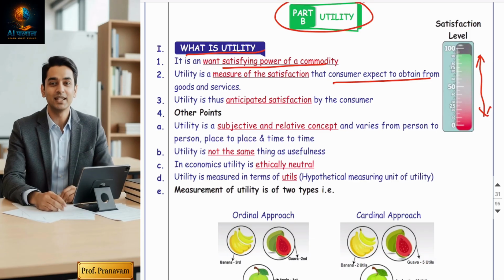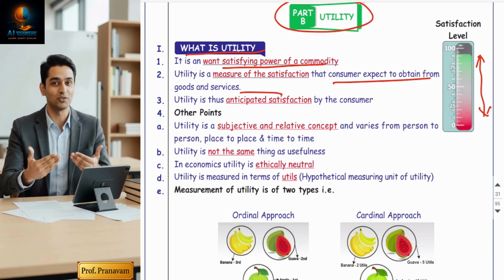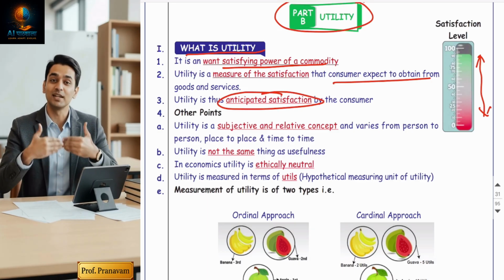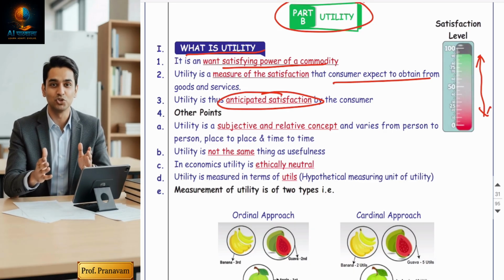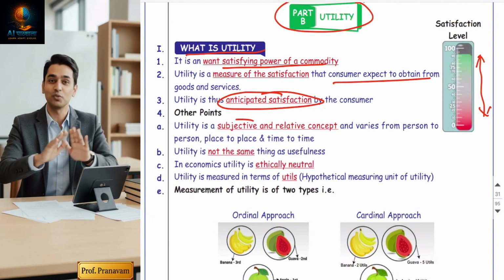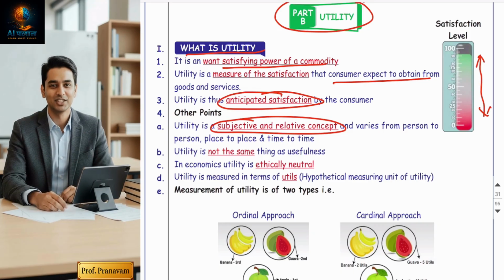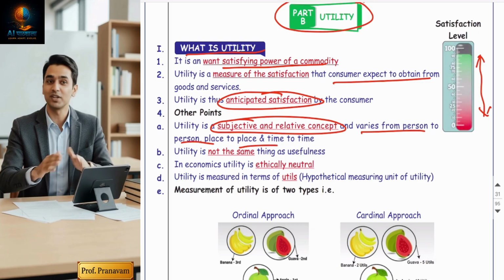Let's decode it further. Utility is your anticipated satisfaction from consumption. It is anticipated, assumed, but not guaranteed. Utility is a subjective and relative concept. It varies from person to person, place to place, and time to time.